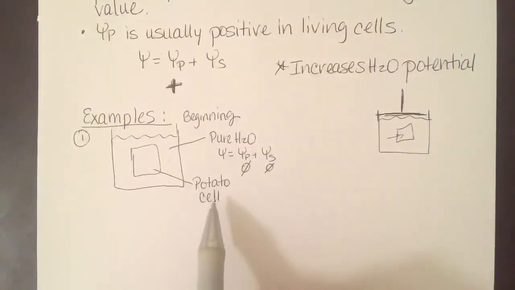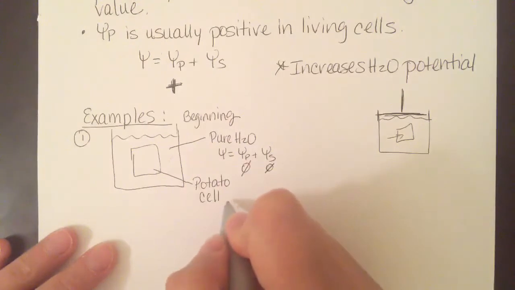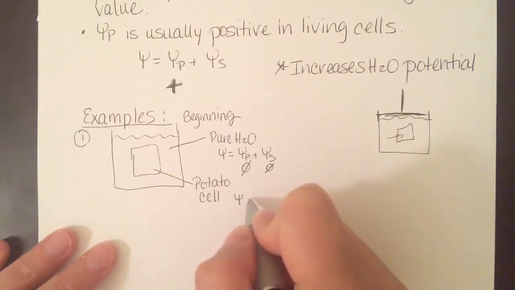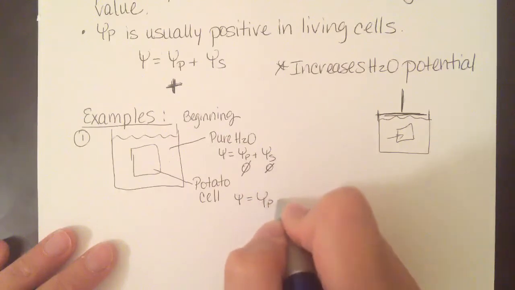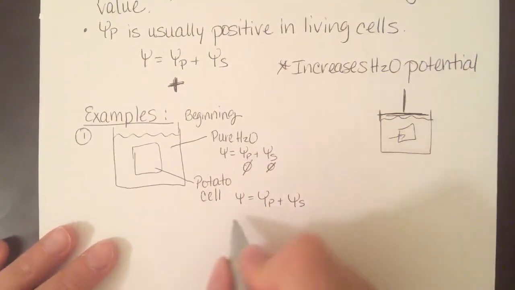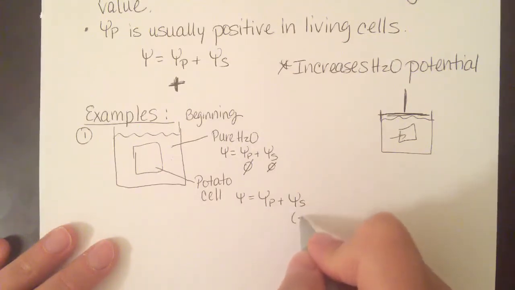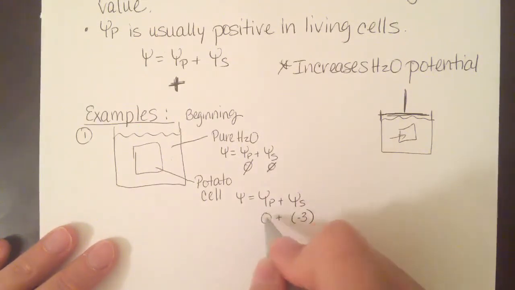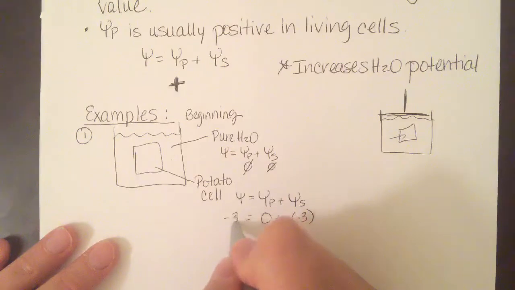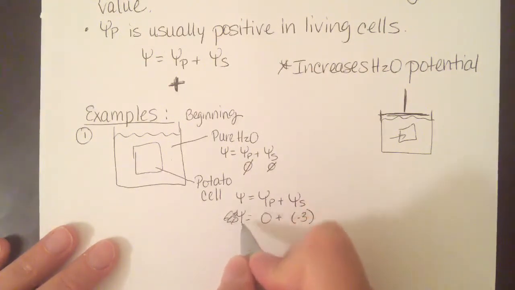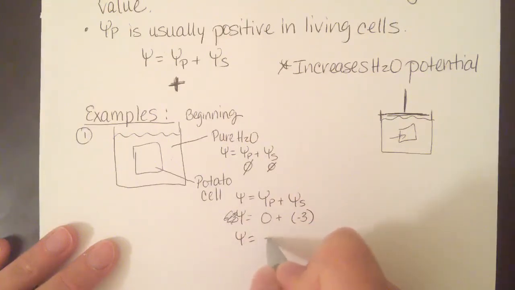All right, so then the potato cell. The water potential is pressure plus the solute potential. Let's say you're given that the solute potential is -3 and there's 0 pressure, so the water potential is -3.